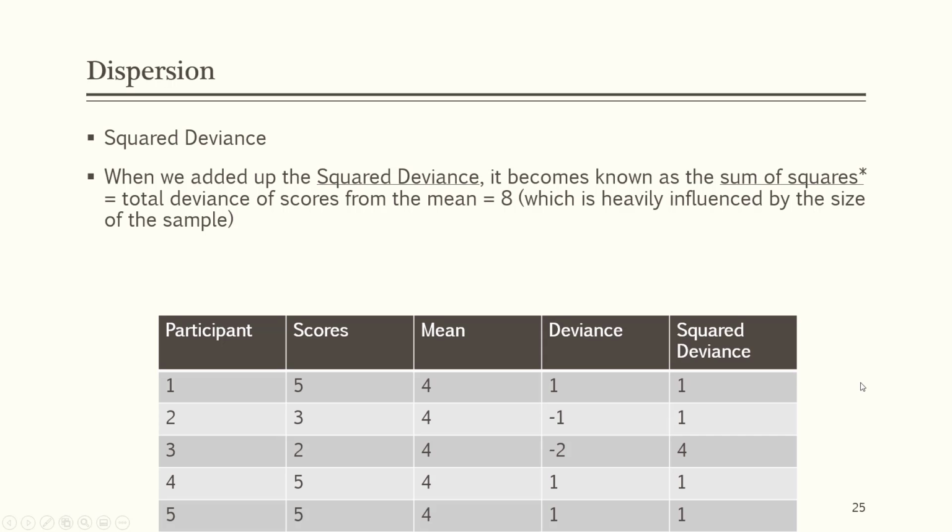And then this slide is going to show you the squared deviance. So when we added up the squared deviance, it becomes known as the sum of squares. So the total deviance of scores from the mean equals 8. And that's heavily influenced by the size of the sample. What we do know in statistics is that you can get a large enough sample, okay, that you're going to be able to show some level of significance, or if your sample size is too small, you may not show significance when there really is.